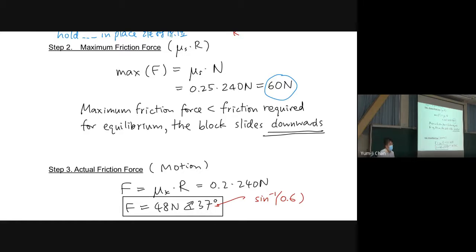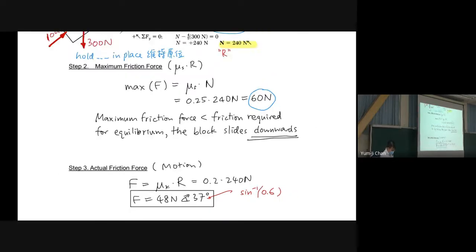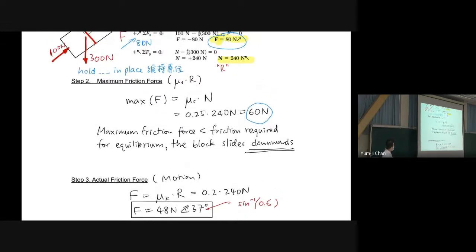Here we first assume we have no motion. We begin with no motion, and then we work out the friction force required to hold it in place. Then we calculate the maximum friction force available.